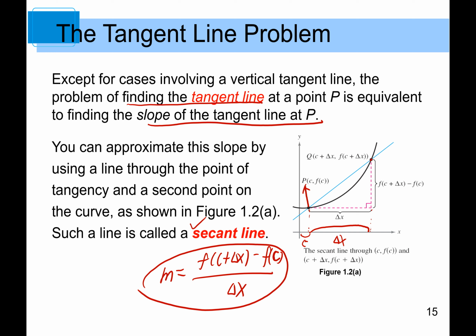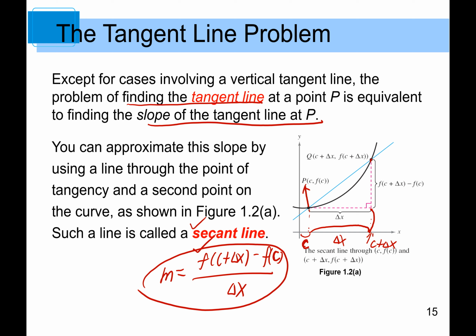So at this point the x coordinate is c plus delta x, and the y value at this point is going to be f of c plus delta x, and the y value at this point is going to be f of c, okay, which is the same as that.